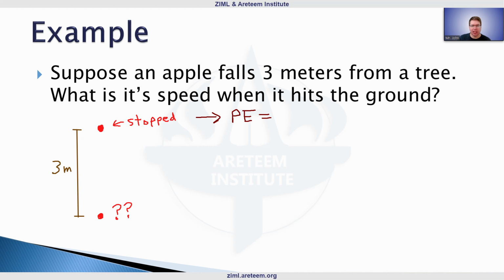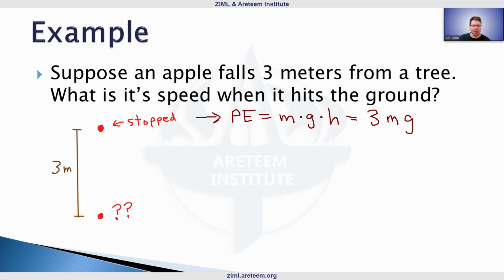The potential energy of the apple is the mass of the apple times g times h. Let me just leave the g in there for a second. The mass we don't know, so this is going to be 3 for the height, and then we have m and then g in that scenario.